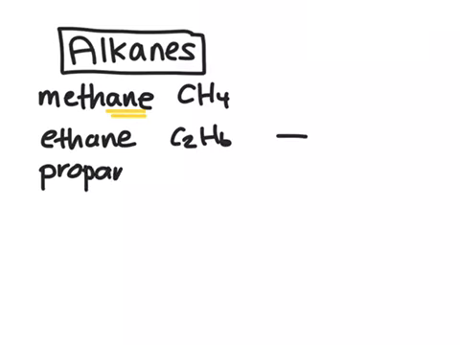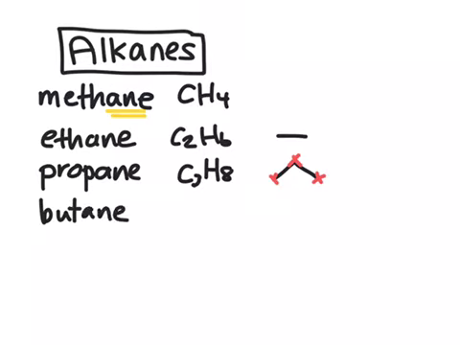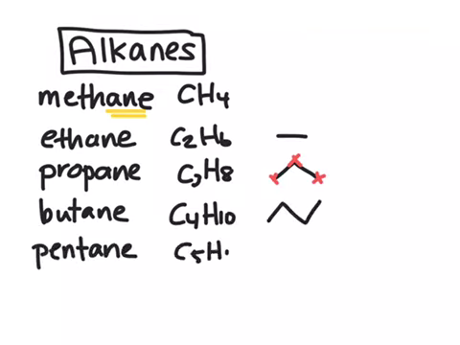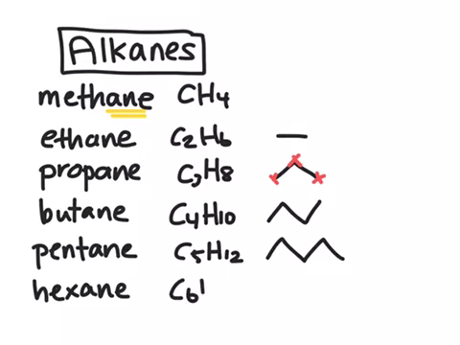Propane will be C3H8, and it's going to have this as its line diagram where there are carbons every time the line changes. So those are the 3 carbons. Butane, C4H10. Pentane, C5H12. Hexane, C6H14. And that keeps going, and you have to know up to decane.